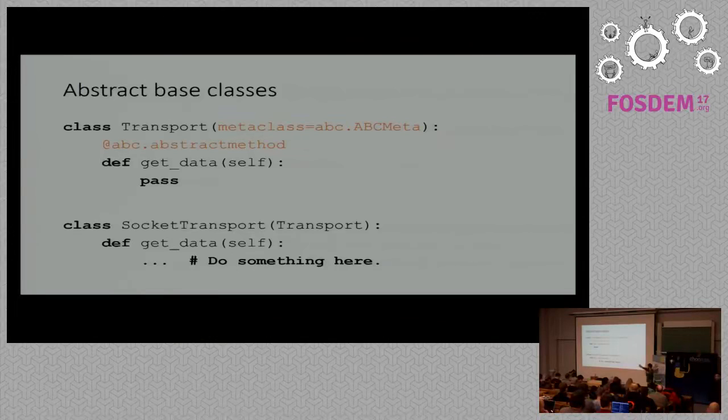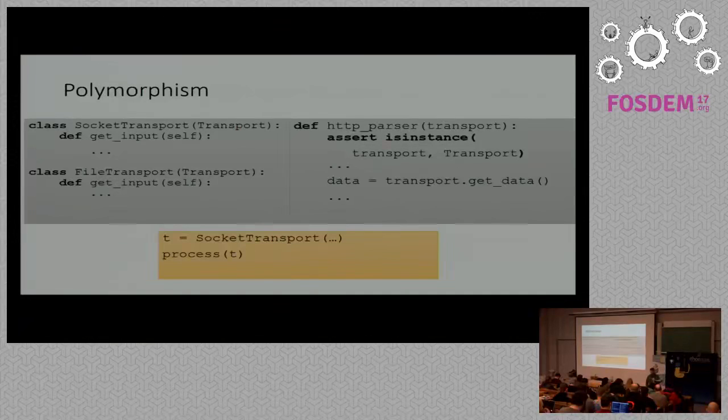So if we had a socket transport, but we forgot to implement getData, then Python will disallow you from creating an instance of that transport class. So we are sure that whenever we have an instance of something which is a transport, all the methods that we expect are actually present.